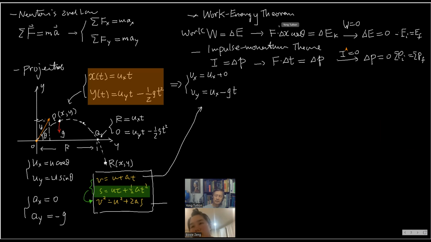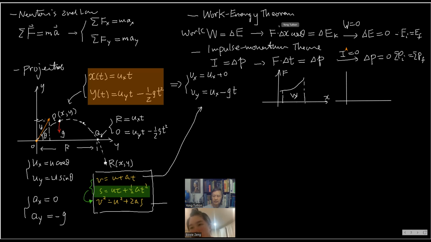Now, probably some diagrams are also useful for you to remember the formulas. In the case of work, the area under the force-distance diagram, where F is the force and this is distance, whether it is a straight line or a curve, that area is equal to the work done.